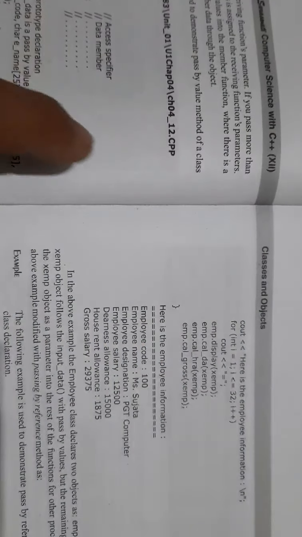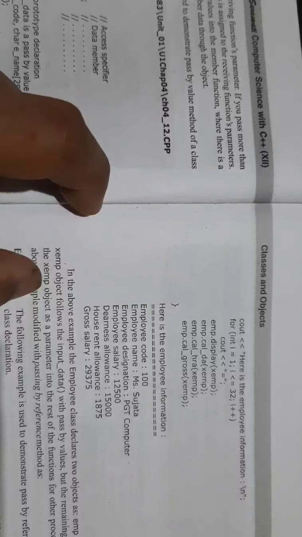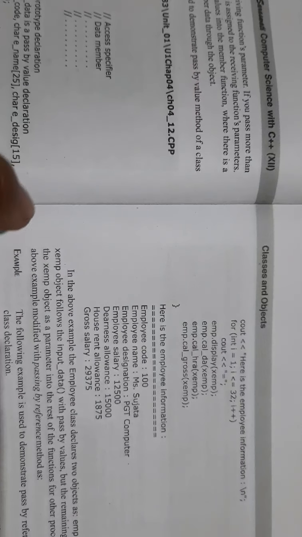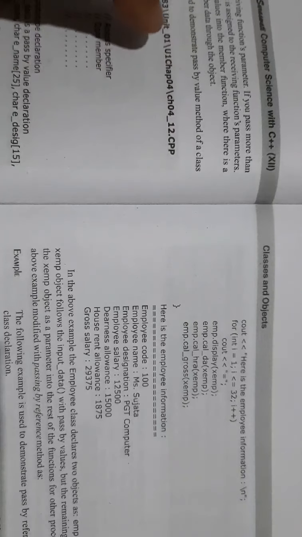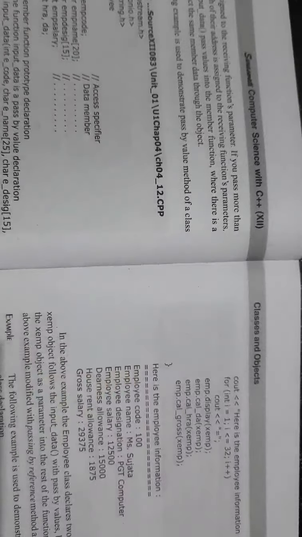But the whole point of this particular program is to show that an object can also be passed as an argument. You can pass the whole object, that means all the members of an object, to be used as an argument. That is why we need two objects.